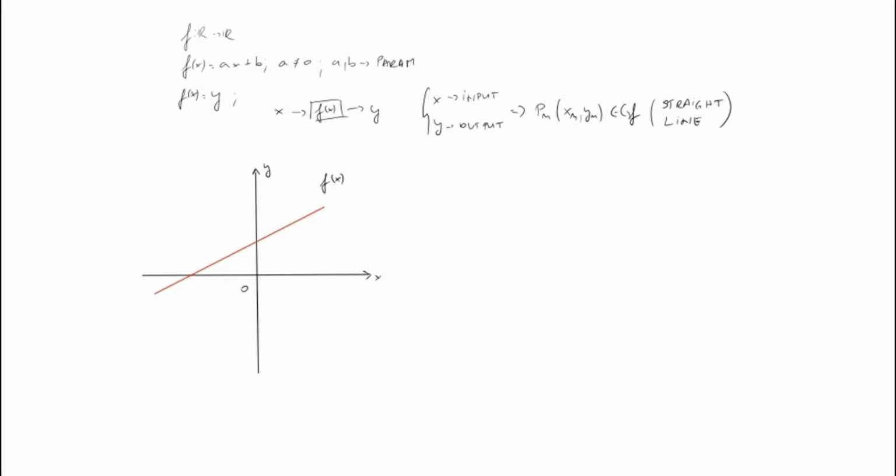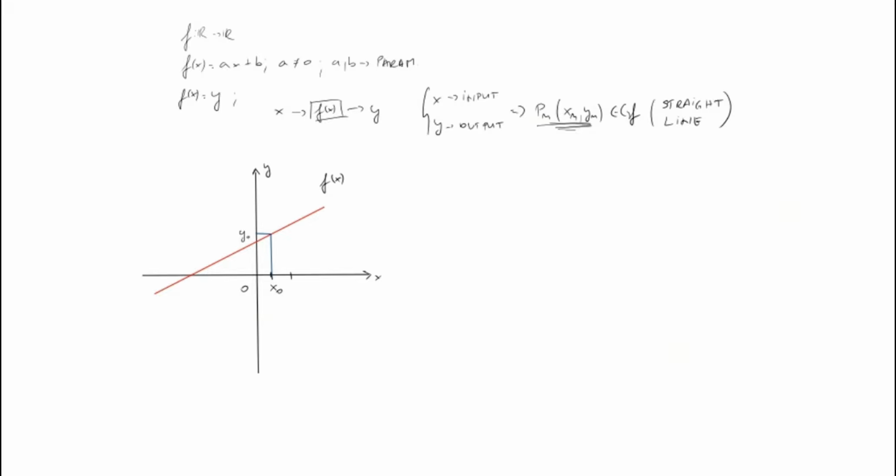Okay, let's try to draw some of these points in this coordinate system. Let's say we have here on the x-axis coordinate x0. Then we can draw a line parallel to the y-axis until we reach the function's graph, and then go sideways until we reach the y-axis. And then here we will have y0.